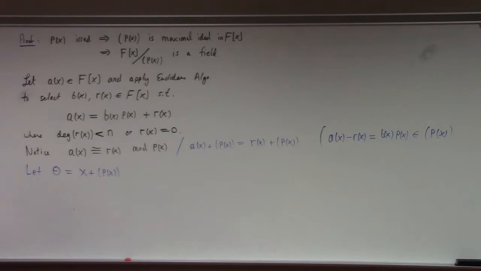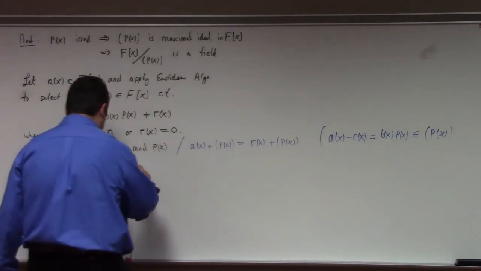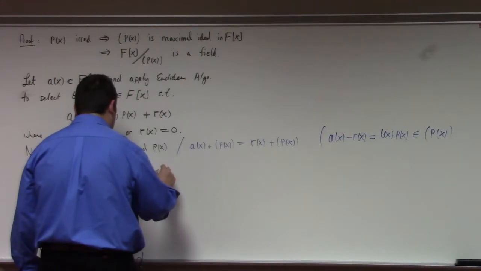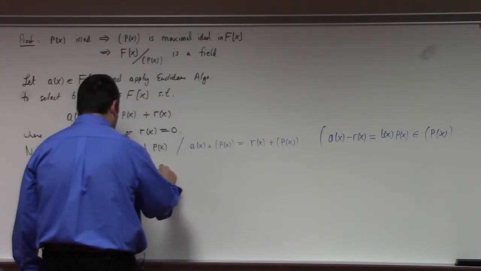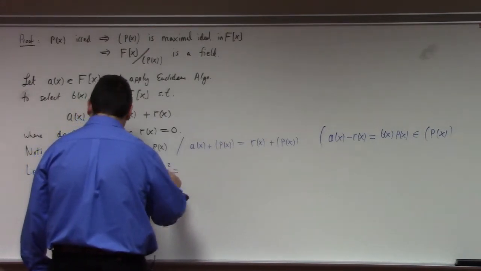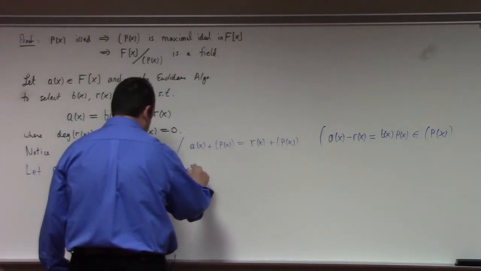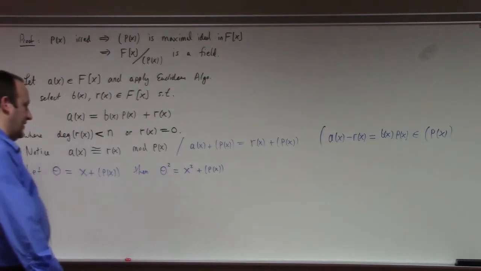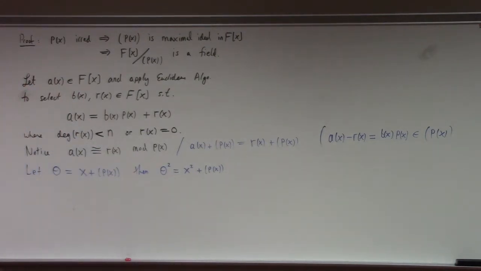Theta squared would be x squared plus p(x) and so forth. I'm sorry, I'm wandering here. Let me get back on track.